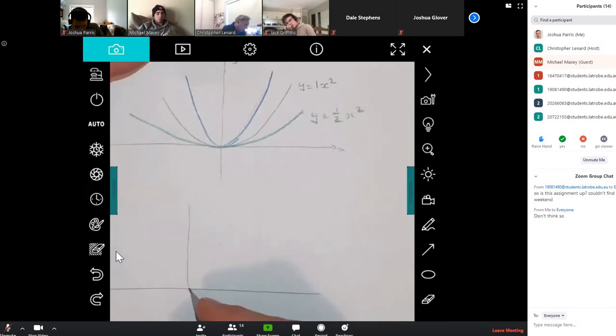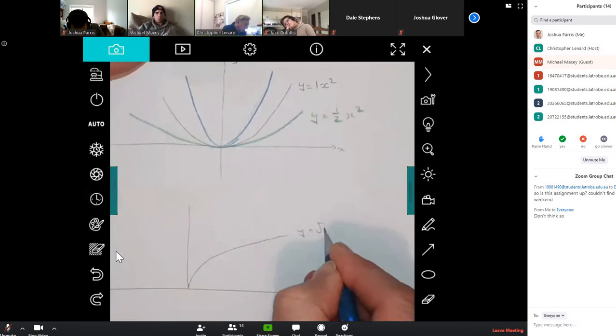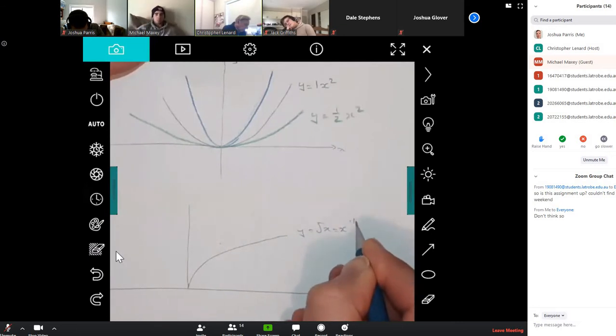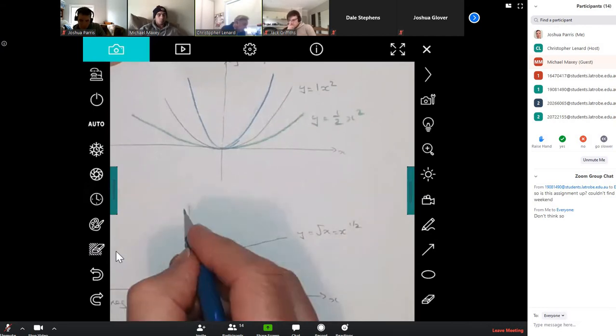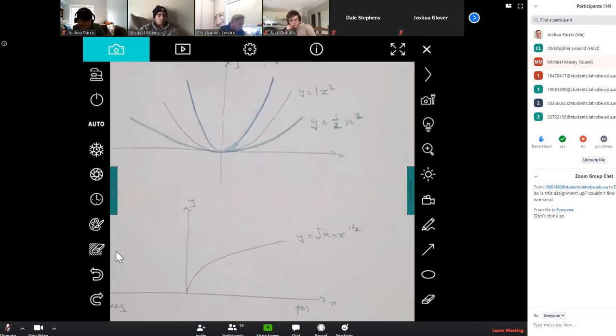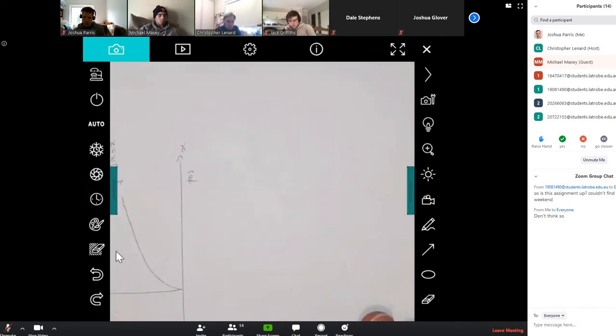So if you draw y equals square root of x, or better, x to the half, these are the positive values, these are negative values. Don't forget we're not going to negative values of x. That's y. That thing, if you turn it on its side, is basically half a parabola.